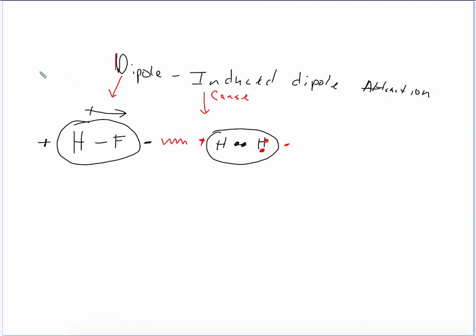Okay? Now that happens when you have an attraction between a polar molecule and a nonpolar molecule. Now that one is not on your note sheet, but that's something important to know.